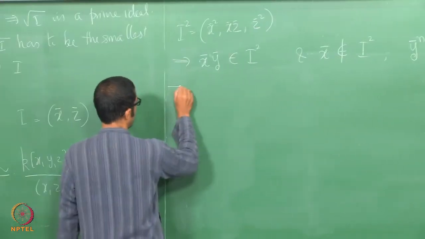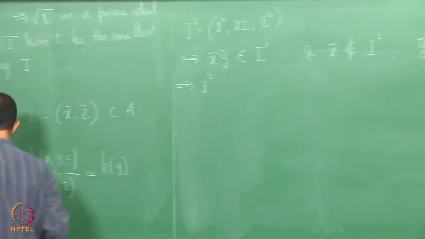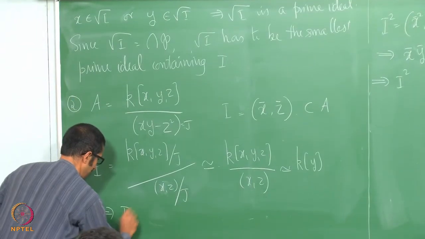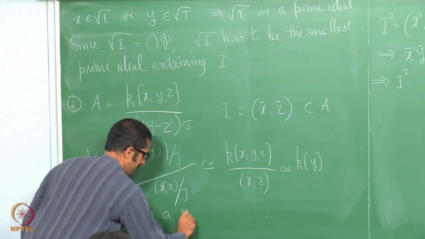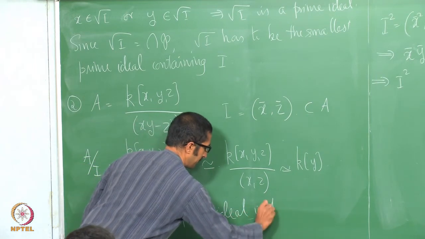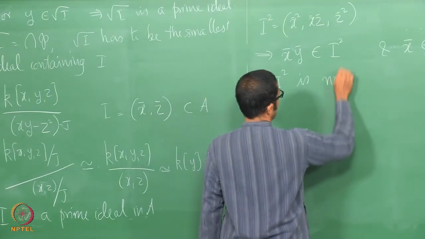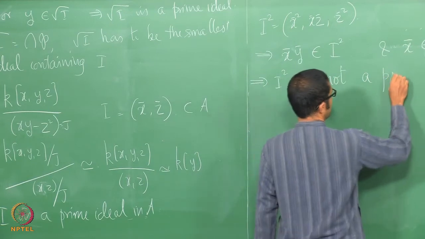So, that implies that I square is not a primary ideal. Here I should first remark that I is a prime ideal in A.